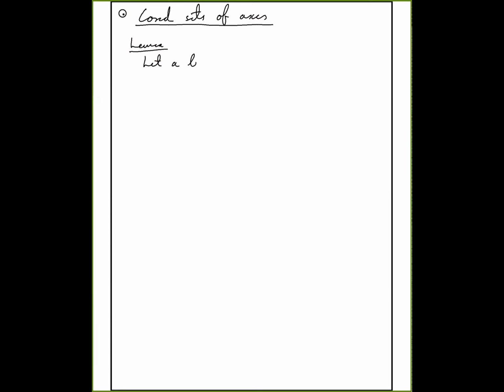Let A be an F-axis in an algebra A, and G be some member of the automorphism group, so not just the Miyamoto group.